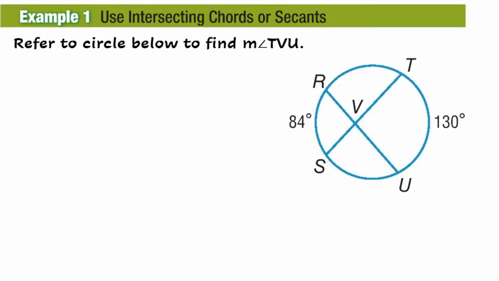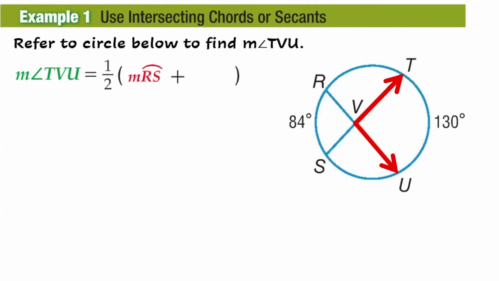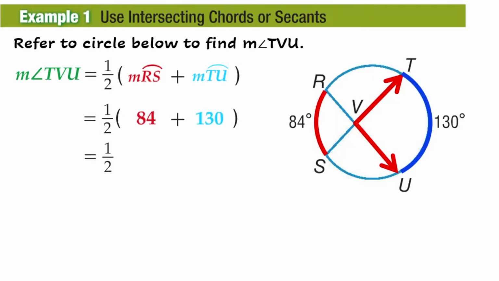As you see here, measure of angle TVU is equal to half the sum of measure of the arc RS plus measure of the arc TU, which means half multiplied by the sum of 84 plus 130, which is equal to half multiplied by their sum, which is 214, and this means that measure of angle TVU is equal to 107.